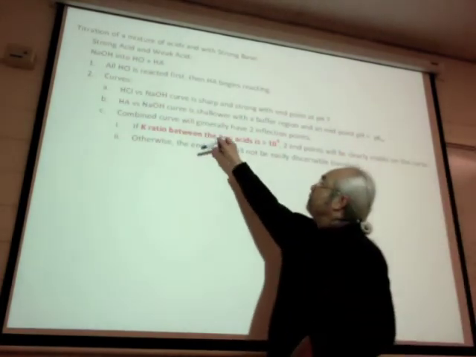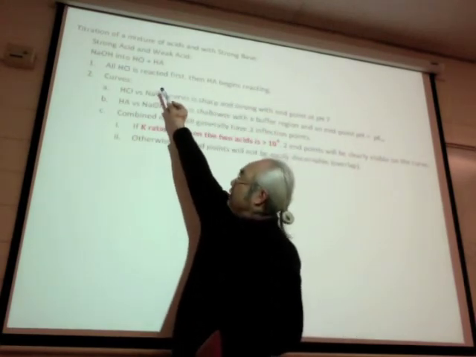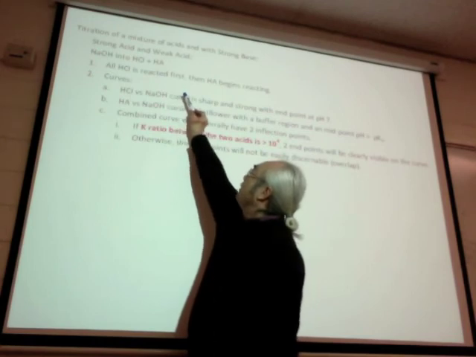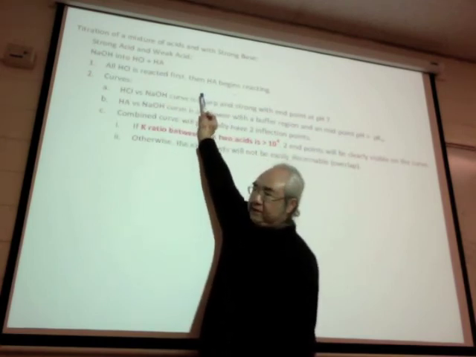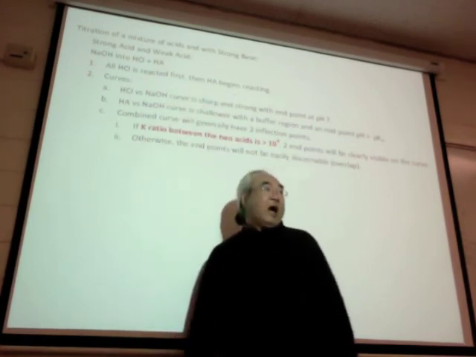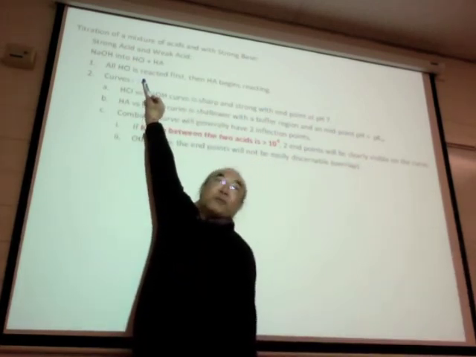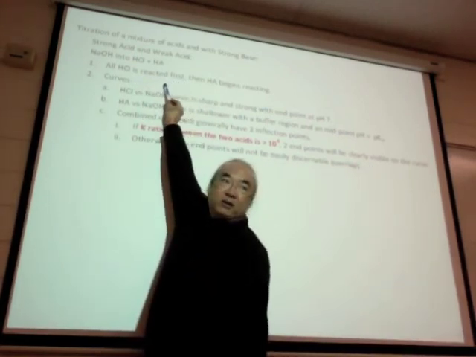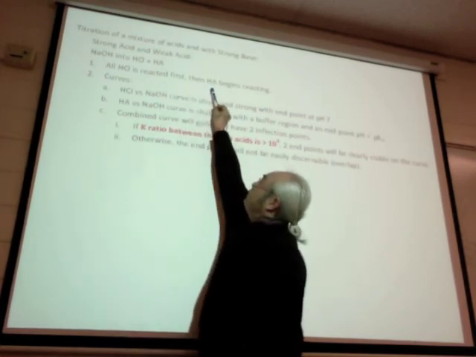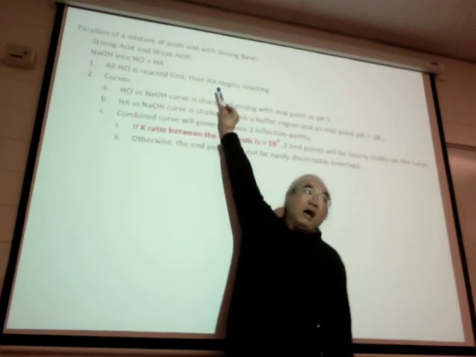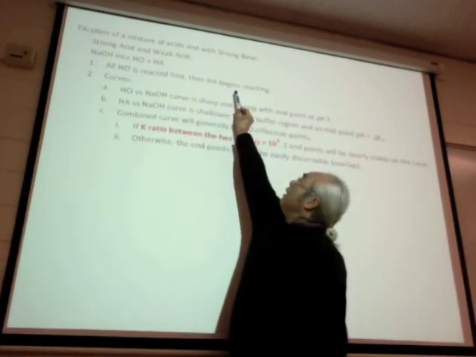Okay? So obviously HCl is stronger, is the strong acid. So the H plus from HCl is going to be reacted first. Until all those H plus have been reacted, then this guy, the proton, will come out to react with sodium hydroxide. Okay?